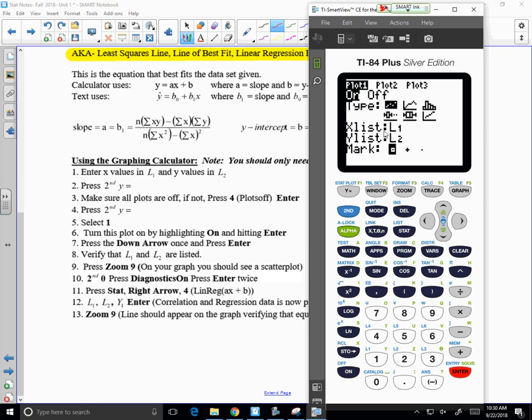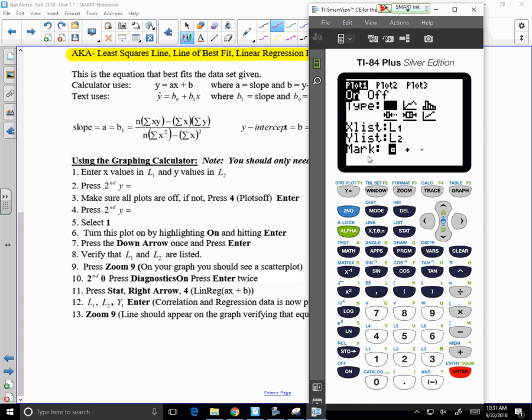Our X list should be L1, our Y list should be L2. Creating the scatter plot is no different in terms of process than all the other graphs we were working on. Second, Y equals, choose the right graph, make sure it's pointing to your data, and you're good to go.